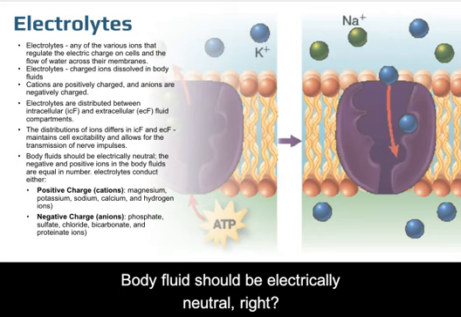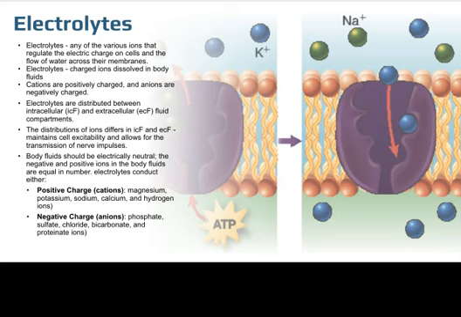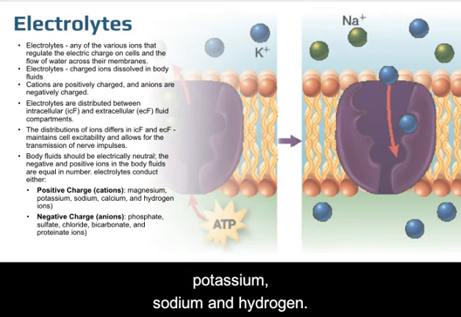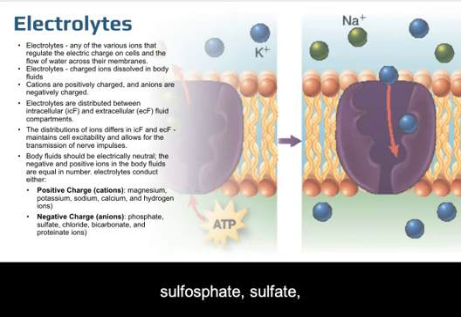Body fluid should be electrically neutral, right? Not too positive, not too negative. The positively charged ions, cations, are magnesium, potassium, sodium, and hydrogen. The negatively charged ones, the anions, are phosphate, sulfate, chloride, bicarbonate, and protein ions.